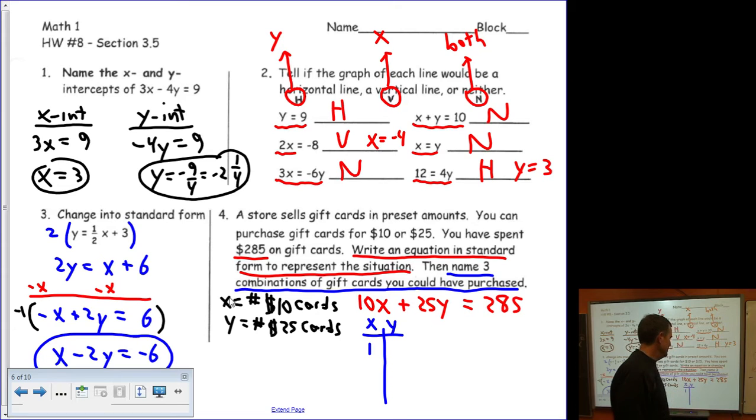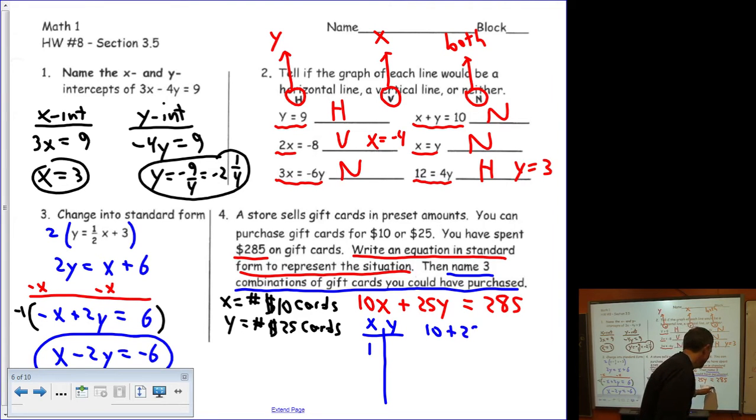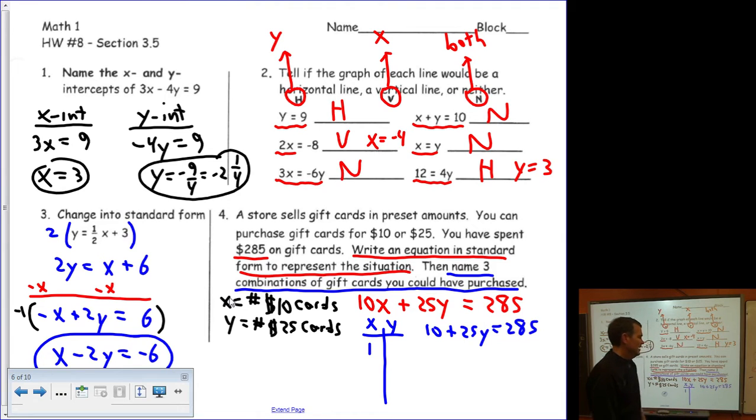If I buy one $10 gift card, then that means that 10 plus 25y equals 285. And if I solve that for y, I would get 275 divided by 25, which is going to be 11.